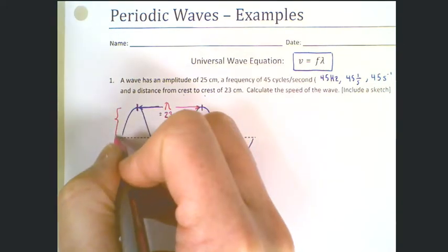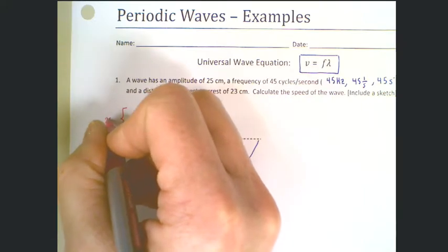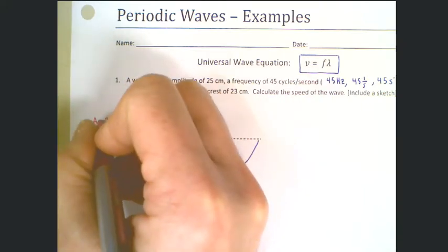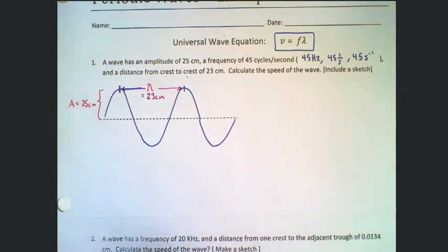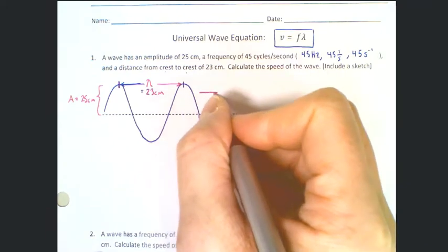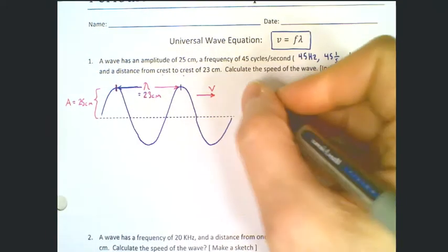The amplitude, although we know the speed of the wave is not dependent on the amplitude, is 25 centimeters, like so. And it asks us to calculate the speed of the wave. So how fast is this wave moving? We'll assume it's going that way, just to make it easy.